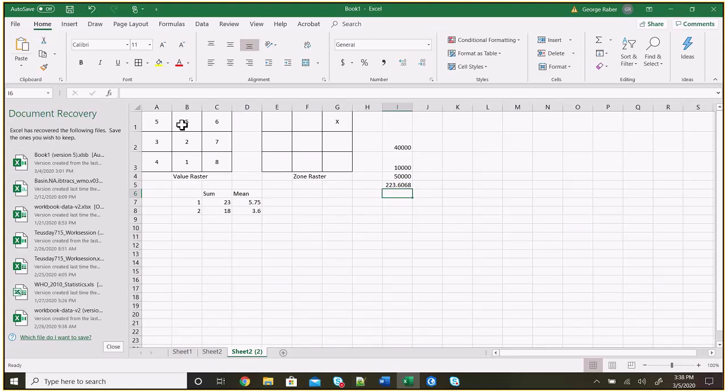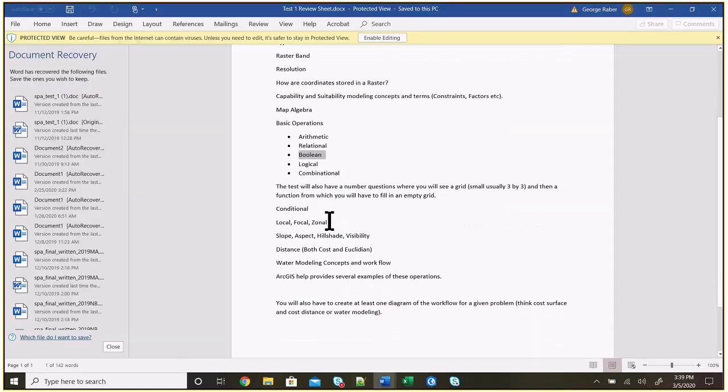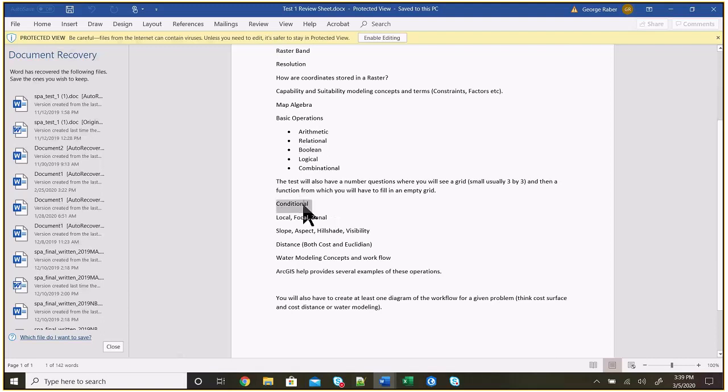So if I said that this were not 5, then if it's true, it's going to equal 1. If it's false, it's going to equal 0. It's another way of doing a conditional. All right. But conditional is on there for sure. We kind of breezed through those in the lecture, but conditional is on there.